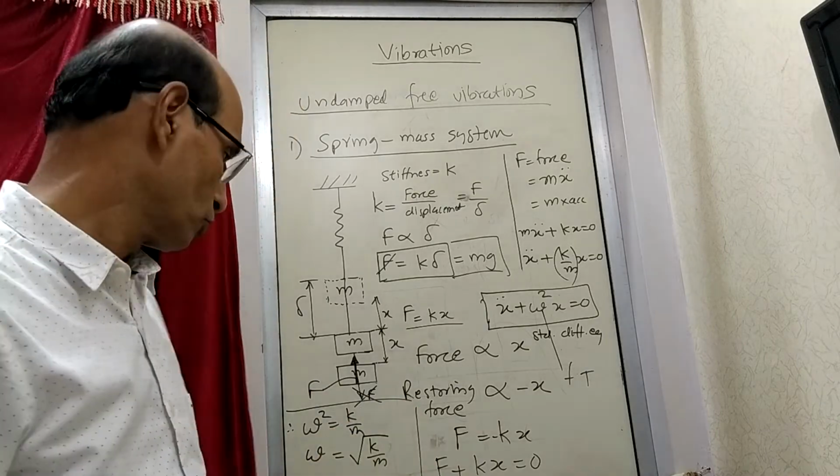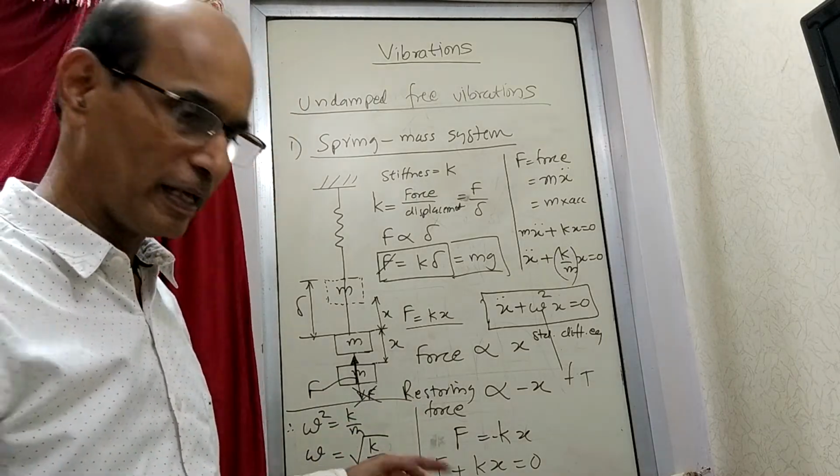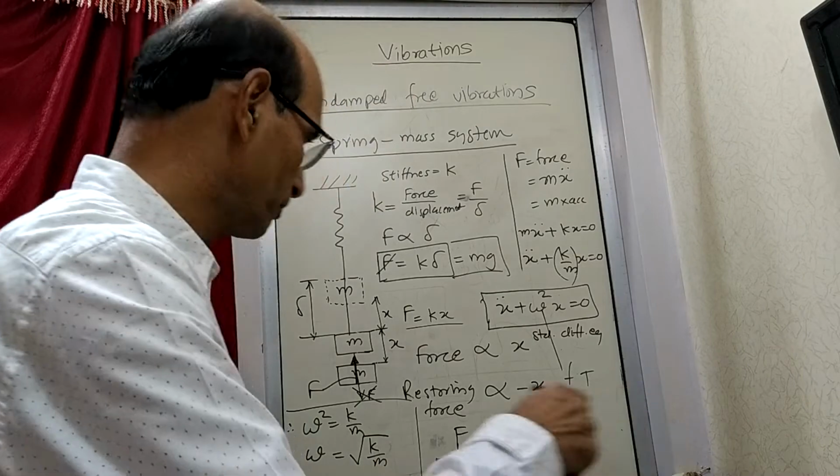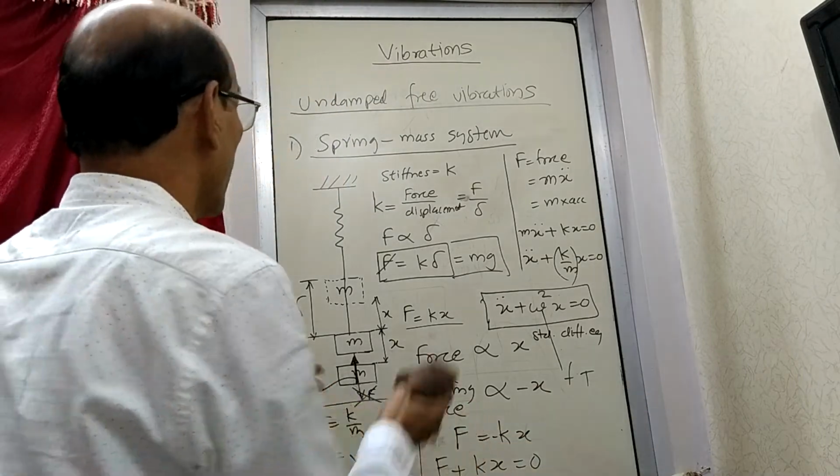Now, if omega is square root of k upon m, then that will give us many different things, which I'll write here.